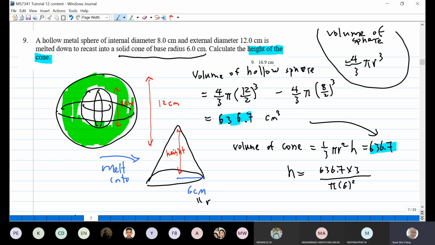So you get 636.7 times 3, then divide by 36, because 6 squared is 36 here, and then divide by pi is 16.88, so actually 16.889.